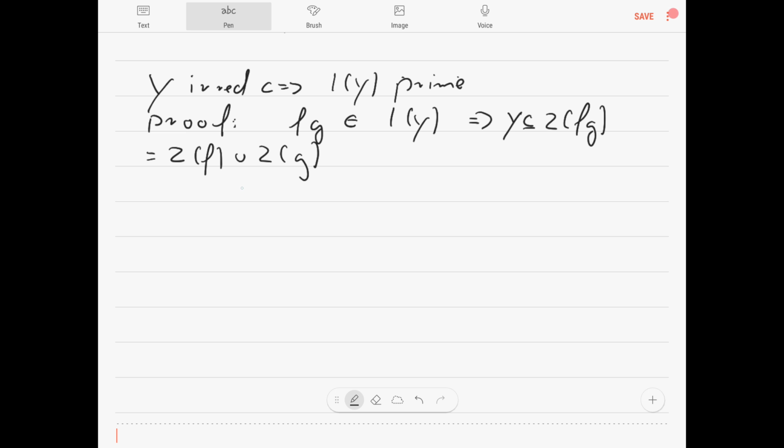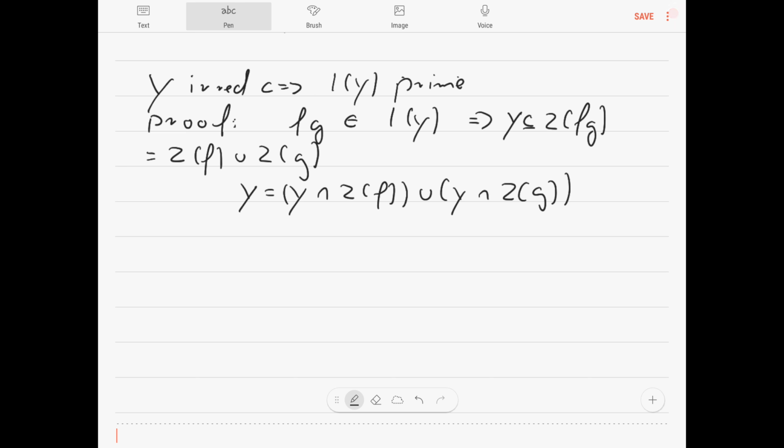Okay, so we can express our irreducible set Y in the following way. This is the same as the intersection of Y with Z of F union the intersection of Y with Z of G. But now look, these are both closed sets that we have in this union, and we have assumed that Y is irreducible.